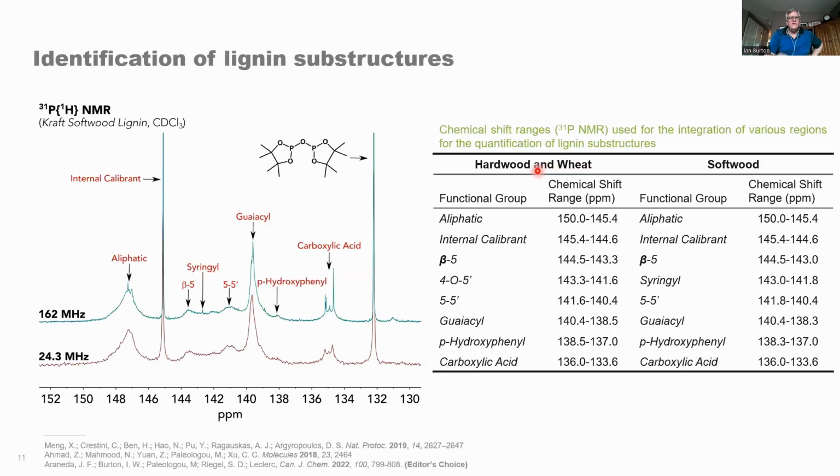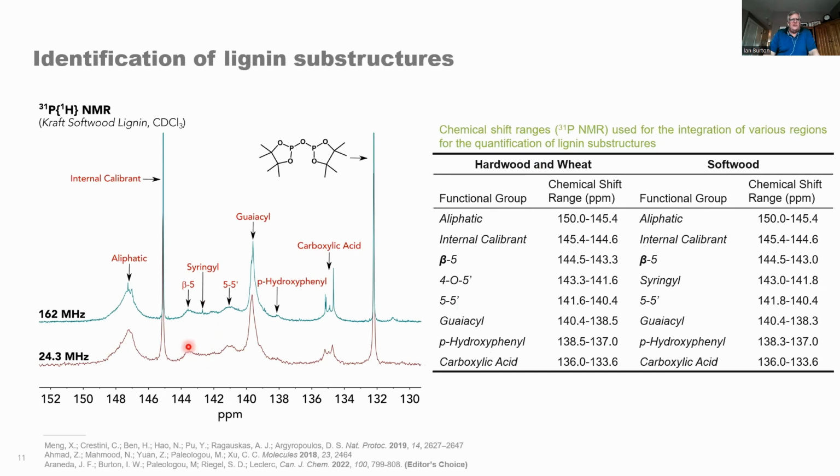Okay. So we initially did this at high field NMR, 500 megahertz. But there's nothing stopping it from being done at low field. These are inherently broad spectra. So phosphorus has broad lines, but that shouldn't really hold us back when doing low field NMR.